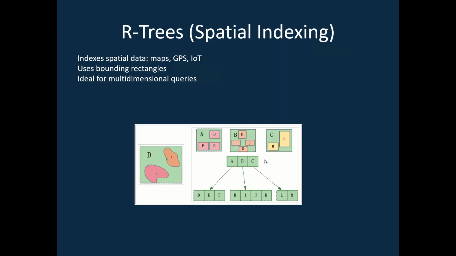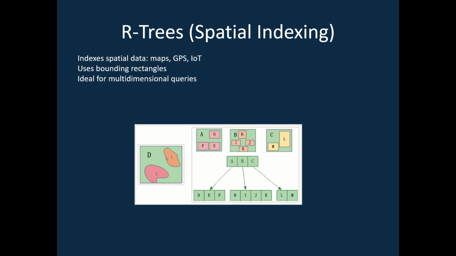Moving on to the next, we are going to R-trees, spatial indexing. R-trees are multi-dimensional indexing structures, used for spatial geometry data. Instead of indexing single values, they index shapes like regions, coordinates and locations. An R-tree groups nearby objects using boundary rectangles.